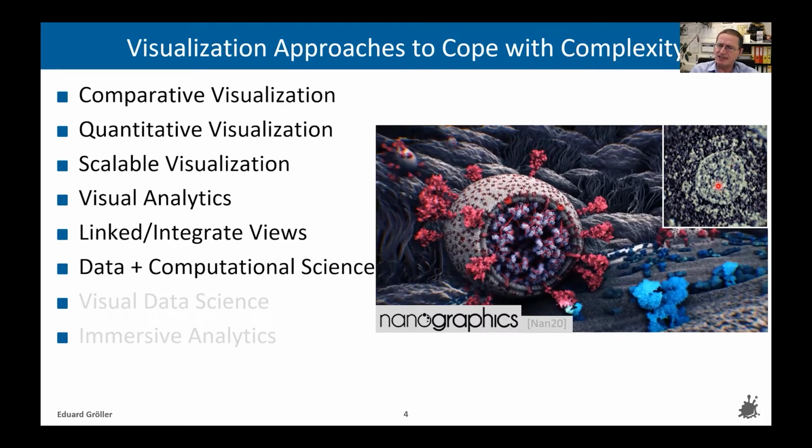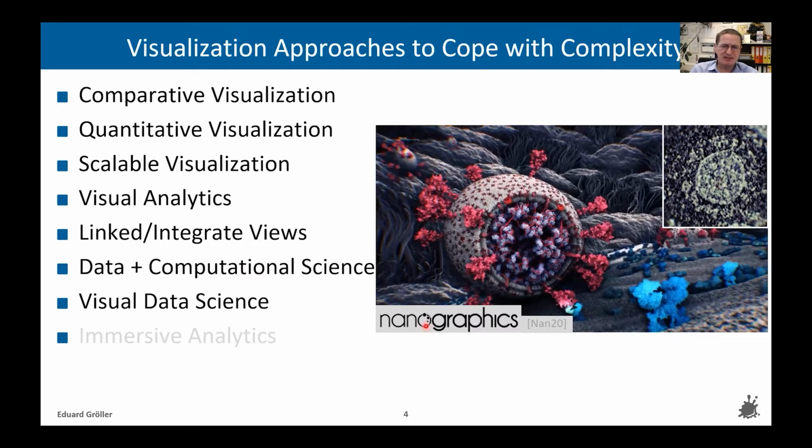This is also called data assimilation. And then you can put those together and you have data in computational science. The next step would be the visual data science, where you just take the data that you have gotten and you do the experiments, hypotheses, building, and so on with your data itself.